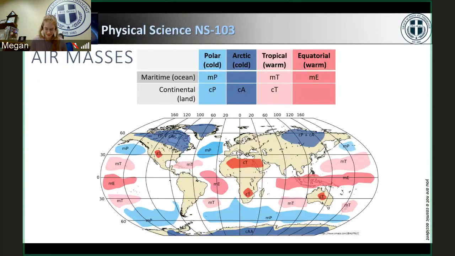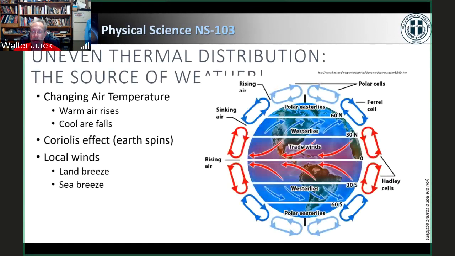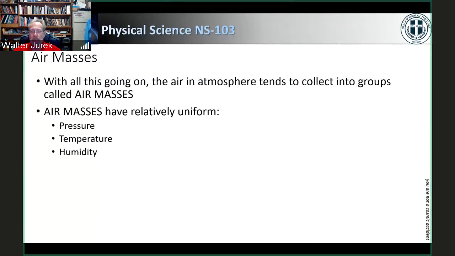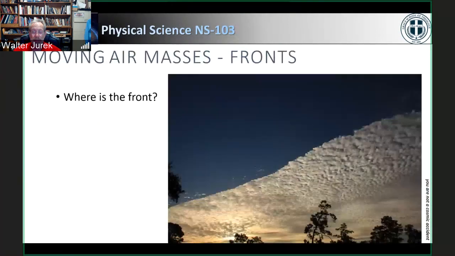Guess what? Air masses move. Kind of back to this picture. Well, when those air masses collide, we get this thing called fronts. Can anybody tell where the front is in this picture? At the cloud line?